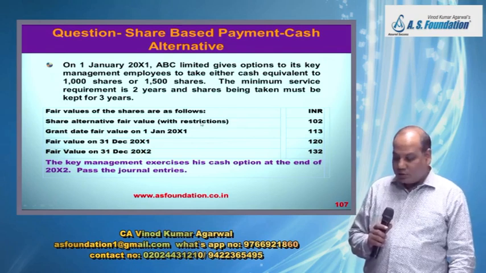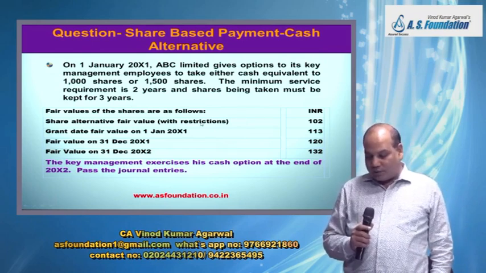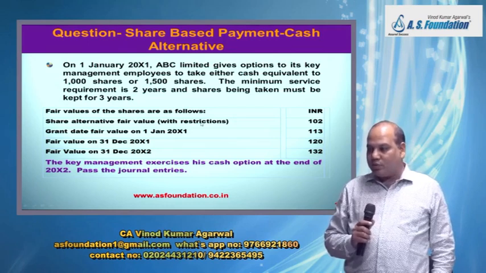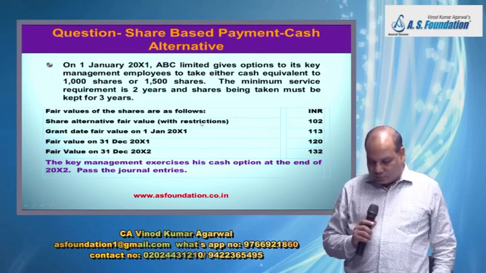Choice is with you. Cash will be based on 1000 shares, or you can take 1500 shares. The minimum service requirement is 2 years, and the shares being taken up must be kept for 3 years.